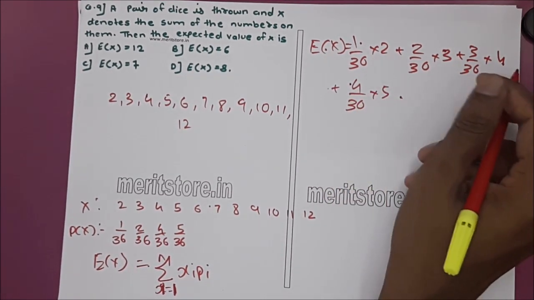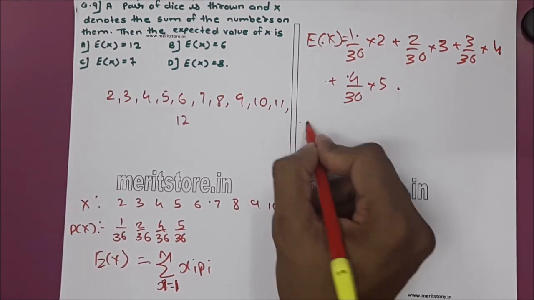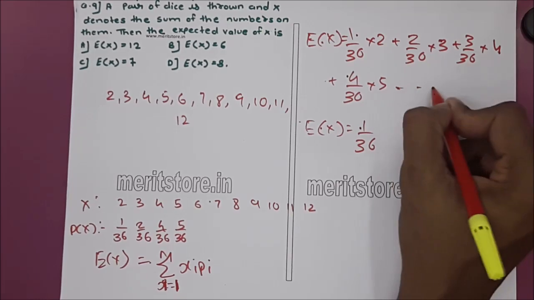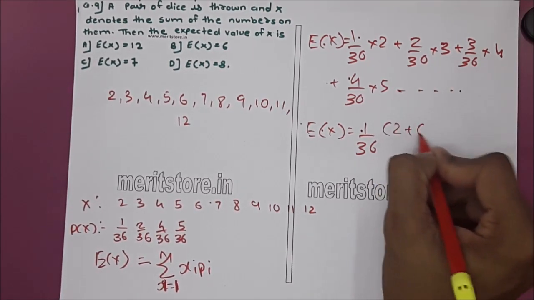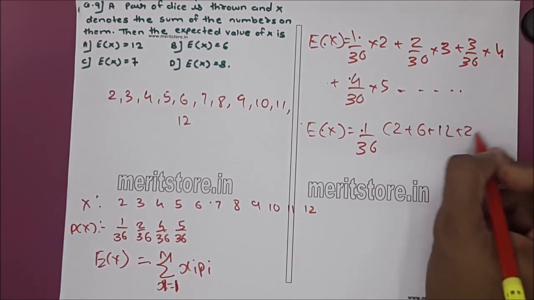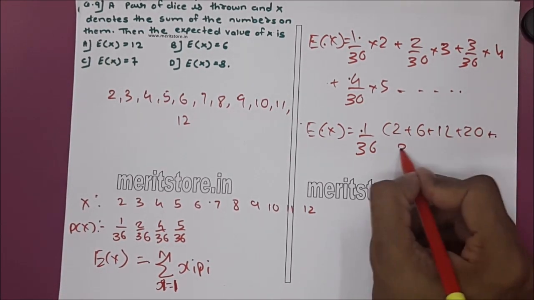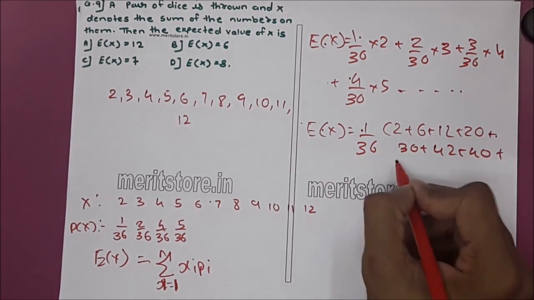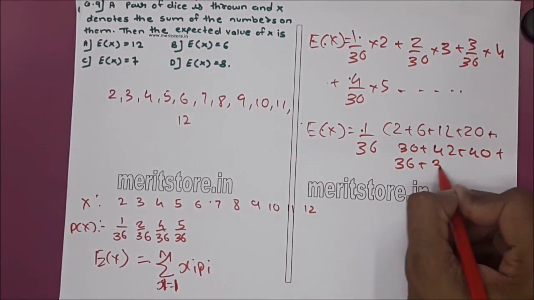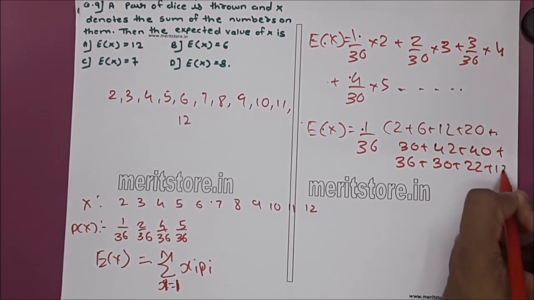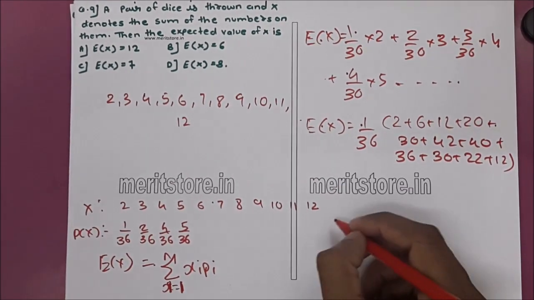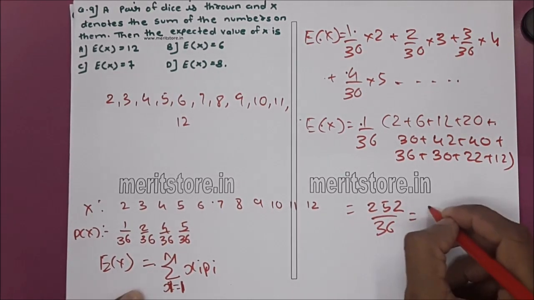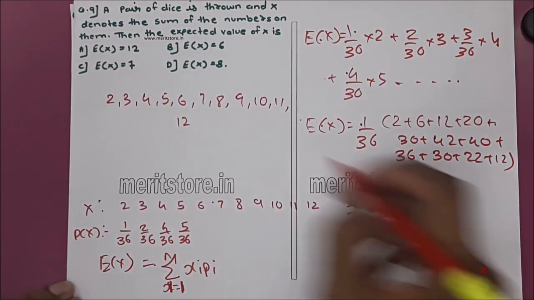So similarly we add all of them and get 1 by 36 times (2 plus 6 plus 12 plus 20 plus 30 plus 42 plus 40 plus 36 plus 30 plus 22 plus 12). So we add this, we get 252 by 36, which is 7, which is option C.